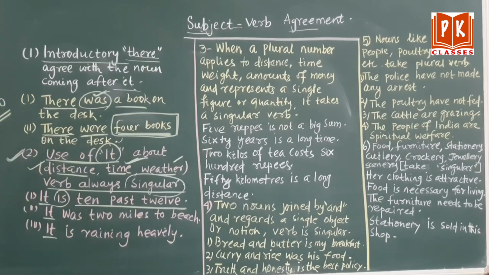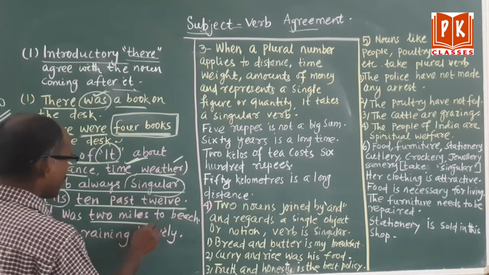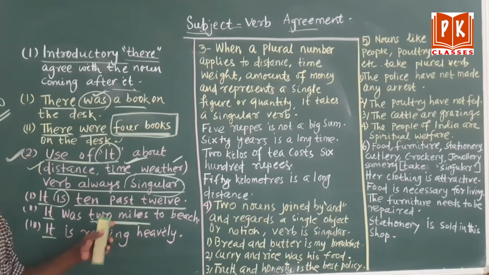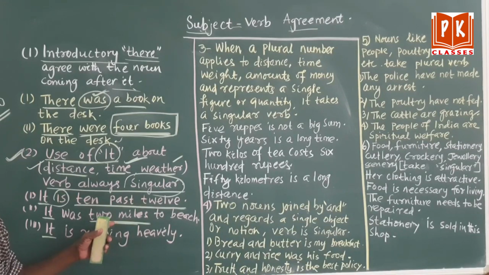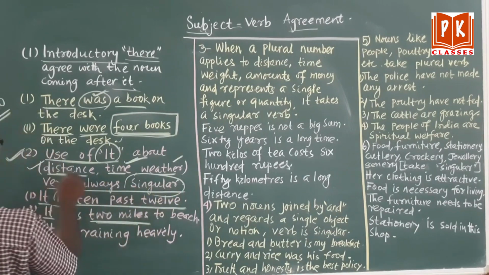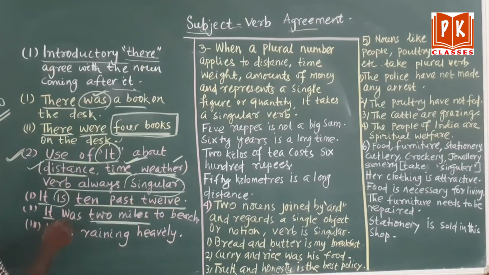Then here: it was two miles to the beach. Two miles sometimes seems plural to you, so you think it is plural. But what does the formula say? The formula says if it indicates distance, time, or weather, the verb is singular. So it was.